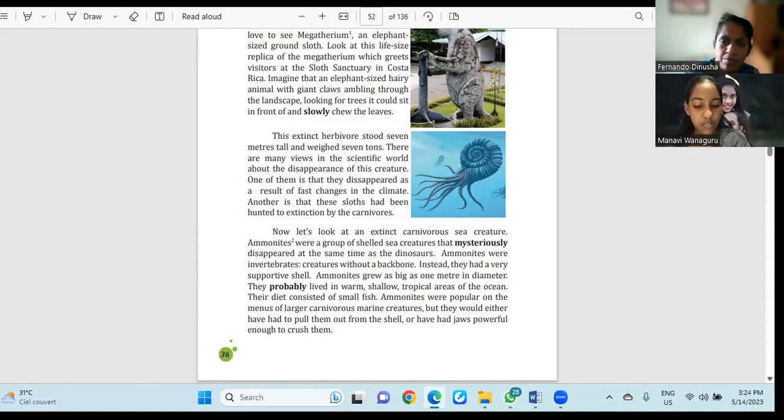They probably lived in warm, shallow, tropical areas of the ocean. Their diet consisted of small fish. Ammonites were popular on the menus of larger carnivorous marine creatures, but they would either have had to pull them out from the shell or have had jaws powerful enough to crush them.